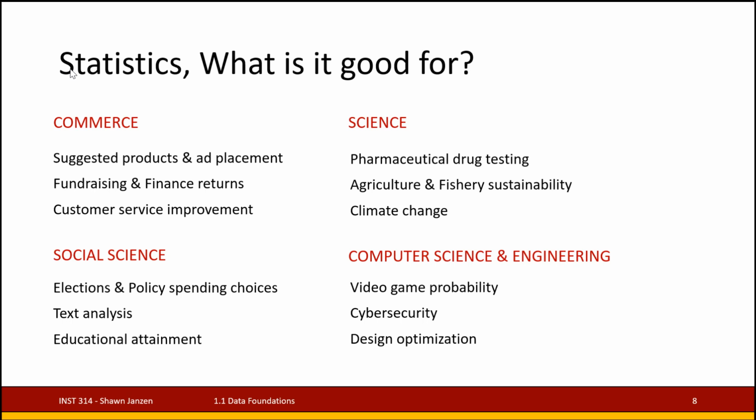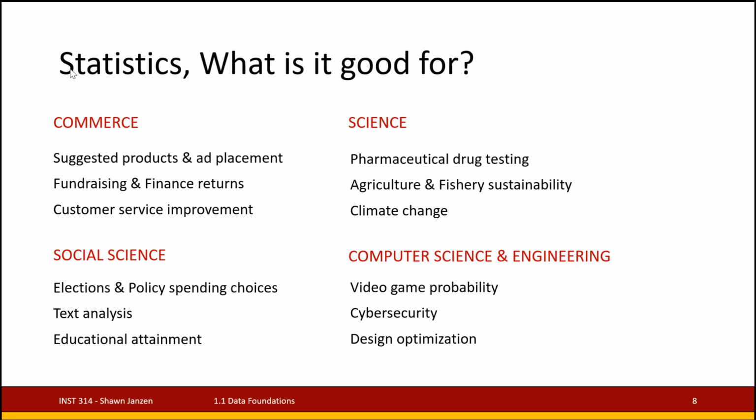Well, we only have so much time and so much money to send out these suggestions, so we need to find out who we can target to best get our return. When you call customer service and they say this call may be recorded for quality improvement services, chances are on the other end somebody's doing data analysis to figure out which calls need to be screened and selected, and when they find them, when is it something that's qualifiable for review.